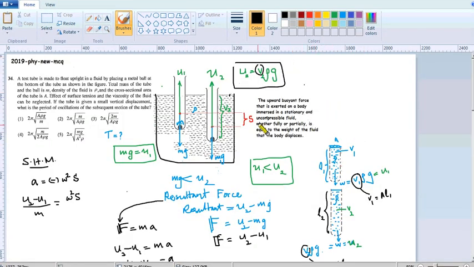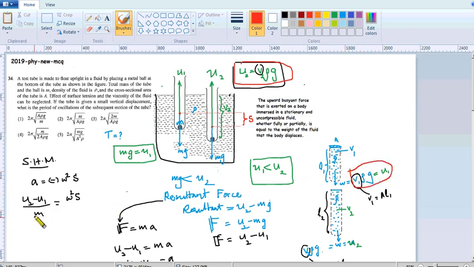Now we are going to substitute for u2 and u1 from this equation and from this equation.